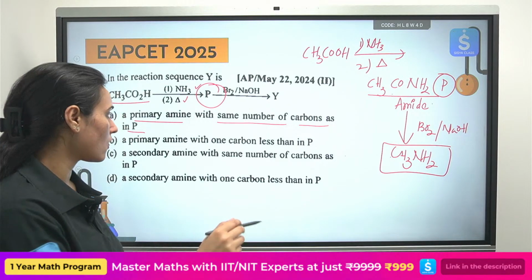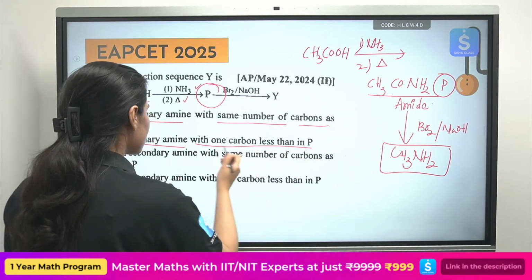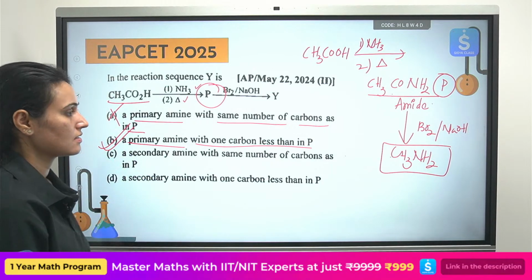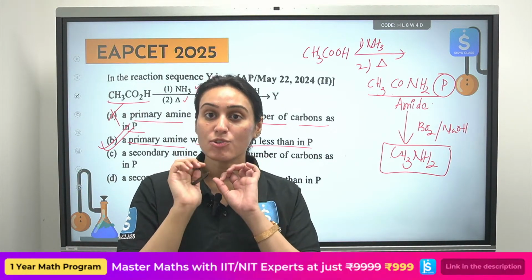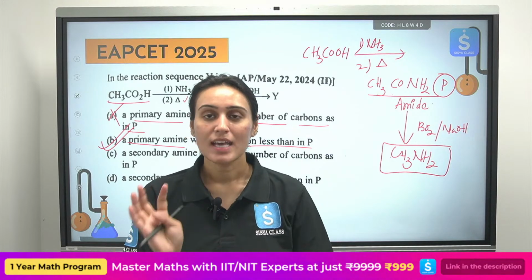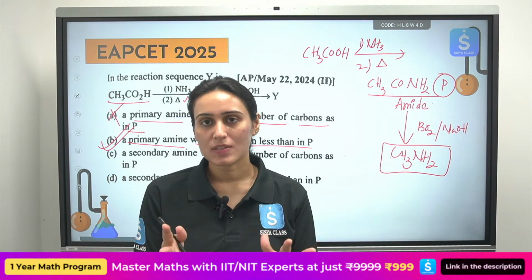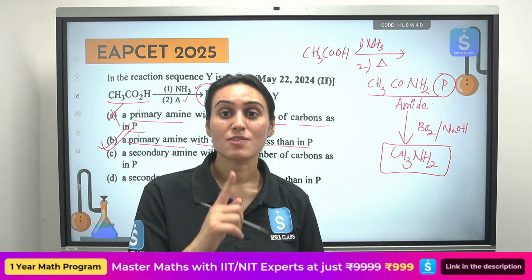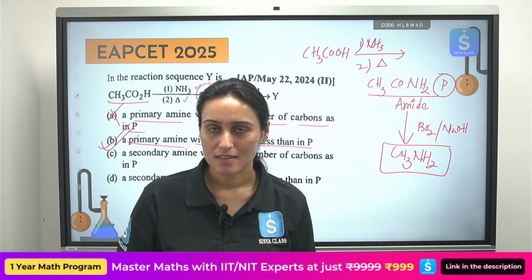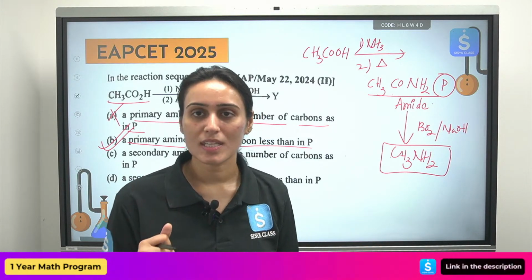So this is wrong. A primary amine with one carbon less than in P. This is your Hofmann bromamide degradation. And I told you in the beginning itself that while reading Hofmann bromamide degradation, please count the number of carbon atoms in the reactant and product. You will find there is one carbon atom less. Done. This is one simple question that has been asked before. Let's move to the next question.